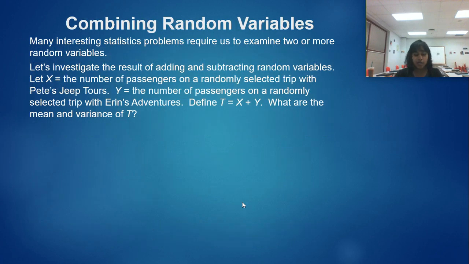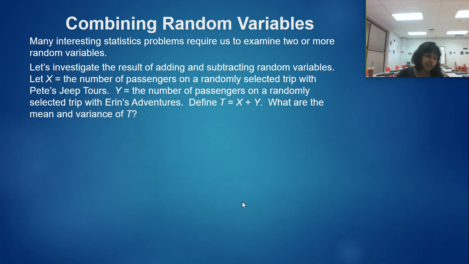Moving on to part 2, let's talk about combining random variables. In a lot of statistics problems, you're not just dealing with a singular event. You might be talking about two random variables. So we're going to talk about this tour group again, but this time we have Pete's Jeep tour, and we also have somebody named Aaron. If you look in the textbook on page 369 and page 370, they give you a little bit more information.